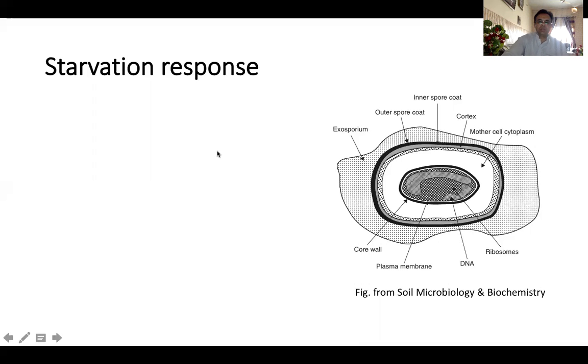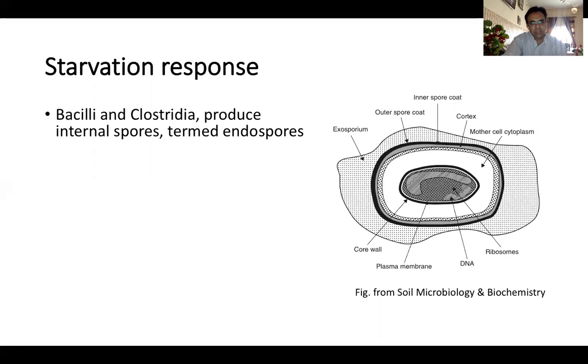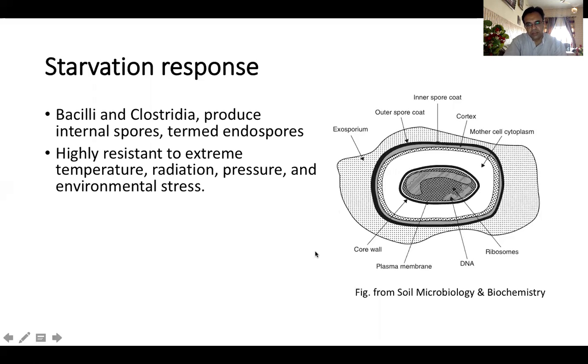When we talk about the starvation response, some bacteria such as bacilli and clostridia produce internal spores that are known as endospores, as you can see in this figure. These endospores are highly resistant to extreme conditions like extreme temperature, radiation, pressure, and environmental stresses.